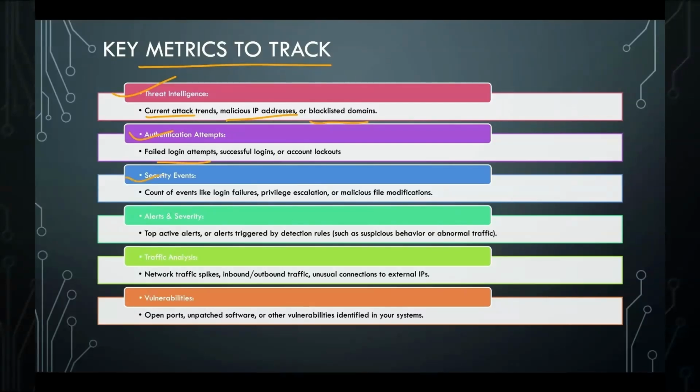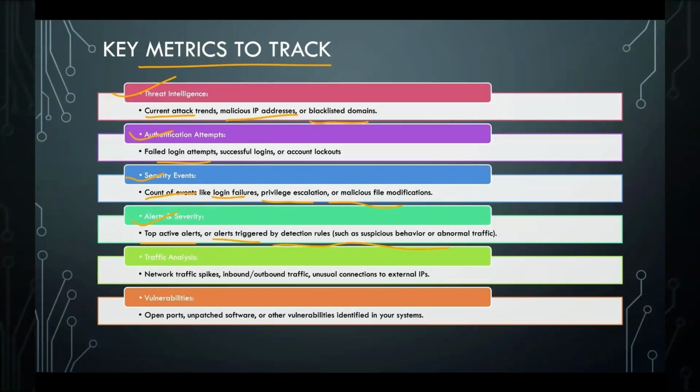Then security events. Examples are counts of events like login failure, privilege escalation, or malicious file modification. Then also alerts and severity, for example top active alerts or alerts triggered by detection rules such as suspicious behavior or abnormal traffic.